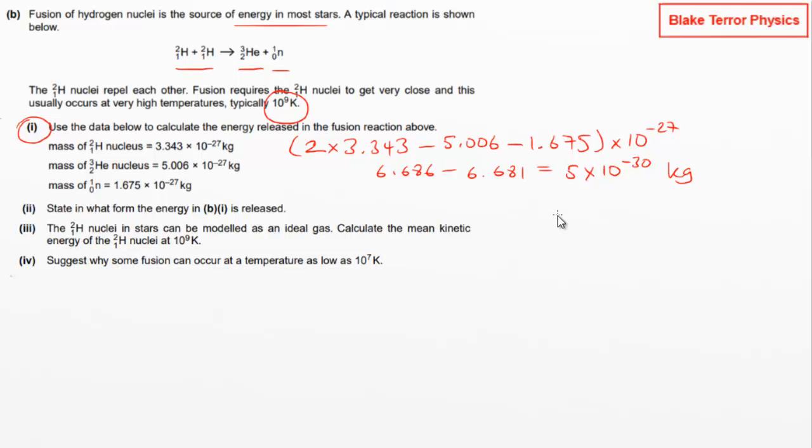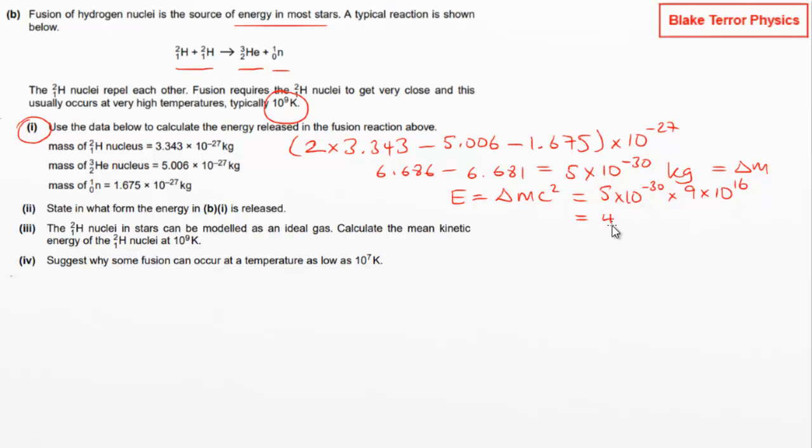They've given us some nice friendly numbers. And now the energy is going to be the difference in the mass, which is this, multiplied by speed of light squared. So we've got 5 times 10 to the minus 30 multiplied by 9 times 10 to the 16.